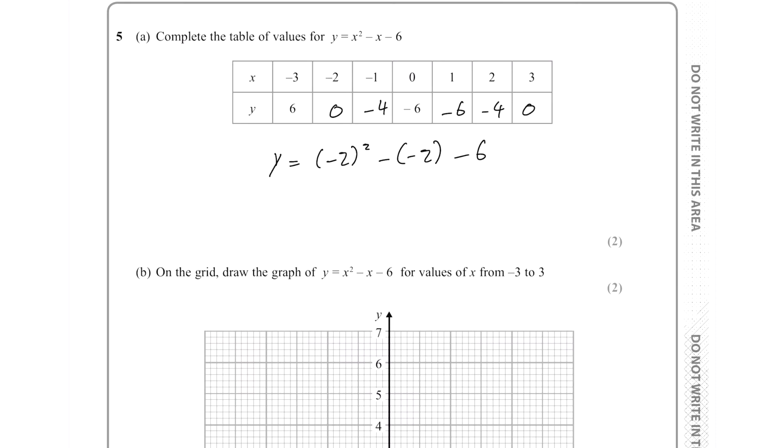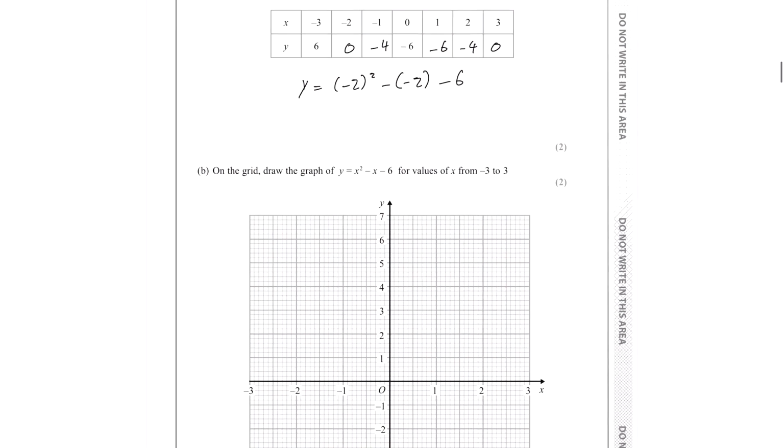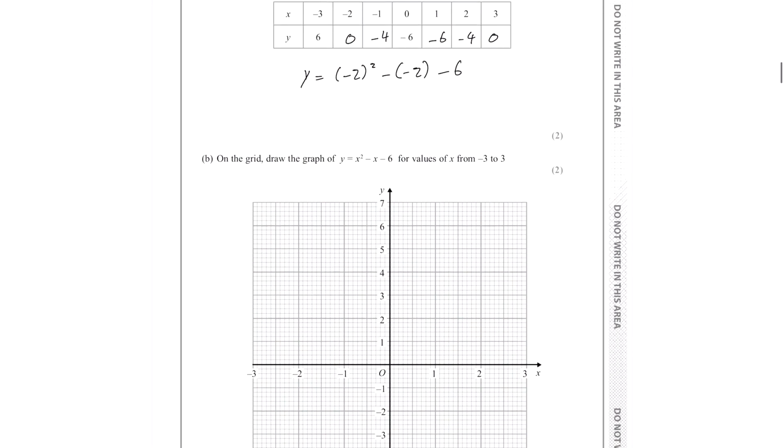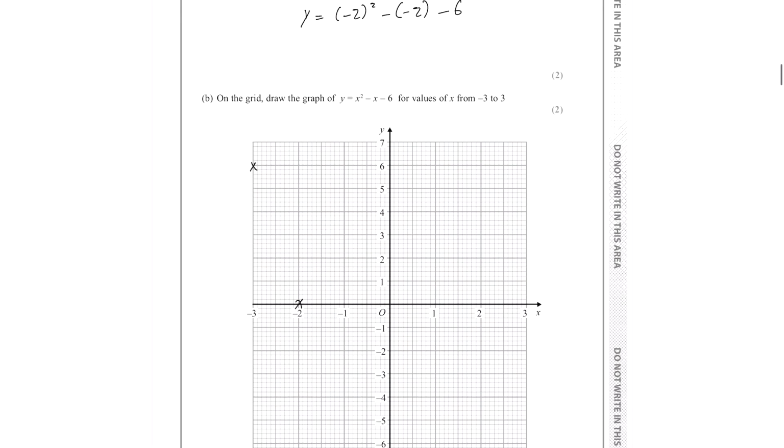Now once you've done that, the next question then asks you to plot this on this graph. So if I zoom right out so I can see everything in one go. The first one we have is -3, 6. So along the corridor and up the stairs, that one is going to be there. The next one is -2, 0. That is going to be there. The next one is -1, -4. That one is going to be there. The next one is 0, -6.